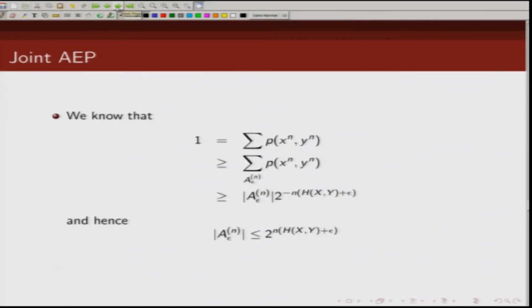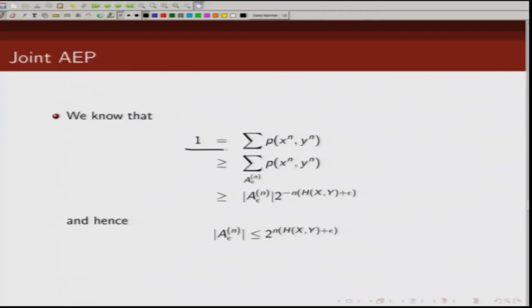Next property is regarding the size of the jointly typical set. So, how large is the size of the jointly typical set? To prove this, we know that the joint distribution of x^n and y^n, summed over all x and y, should be 1.